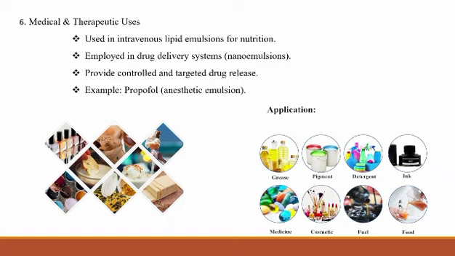Next, food or nutrition. Many of the nutrients we get are in the form of emulsions, for example milk, butter, cheese, etc. are a part of these emulsions. So these are some of the applications.